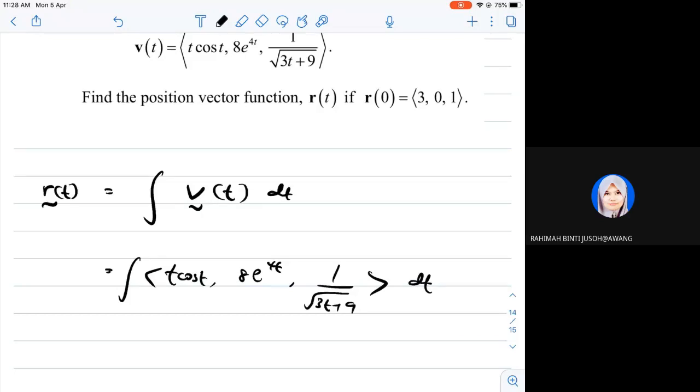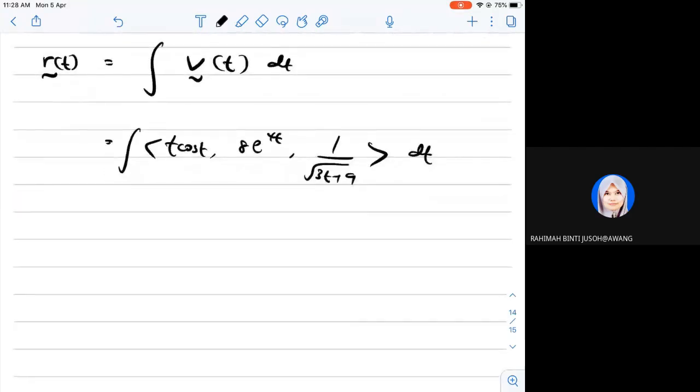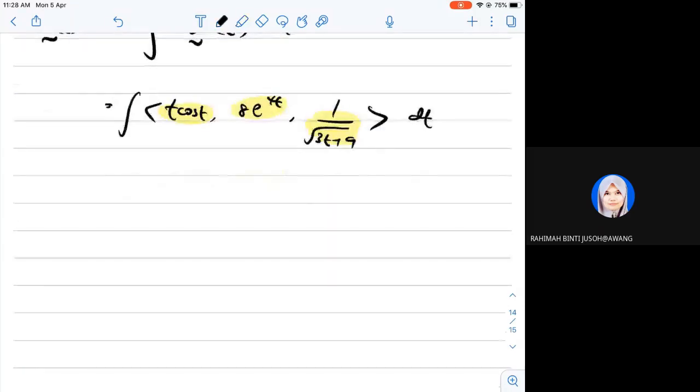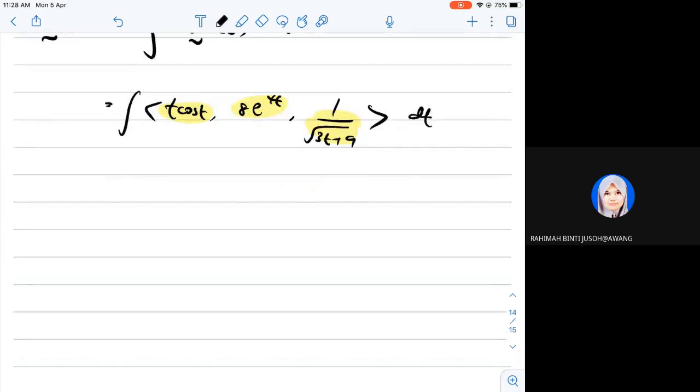So now kita buat one by one, by component. First component, second component, third component. Sebab you nak integrate yang first component ni pun dah complicated lah. You kena pakai integration by parts ataupun tabular method.